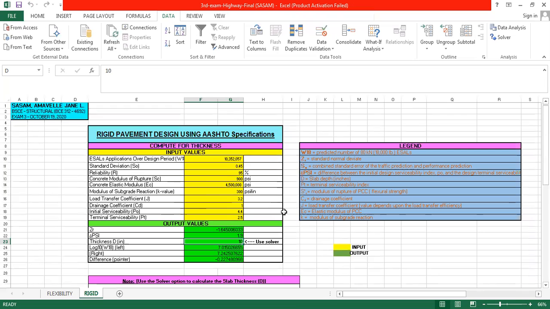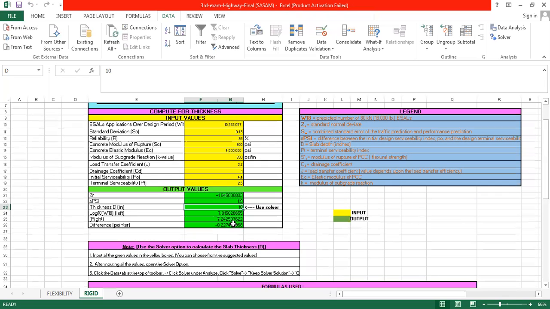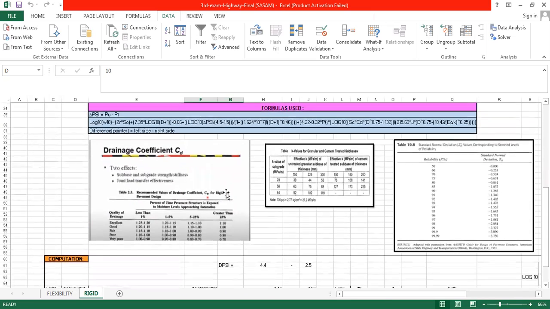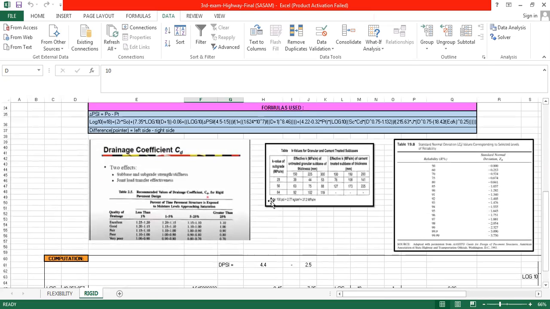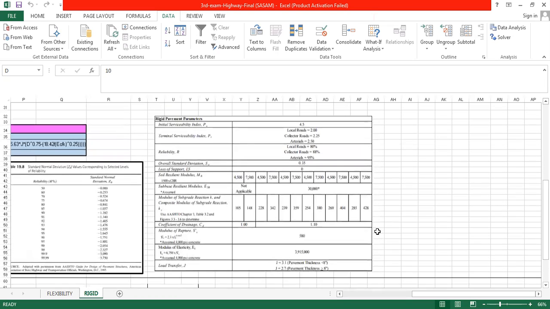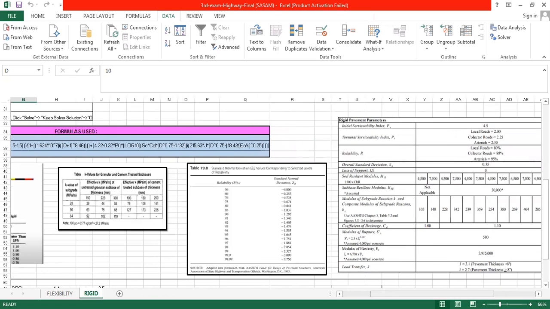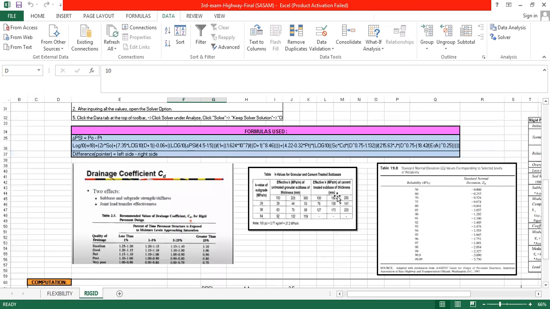So for this one, all you need to do is just find the correct value for the input in order to have that correct output value, and just here for the computation, the parameters given. That would be all. Thank you.